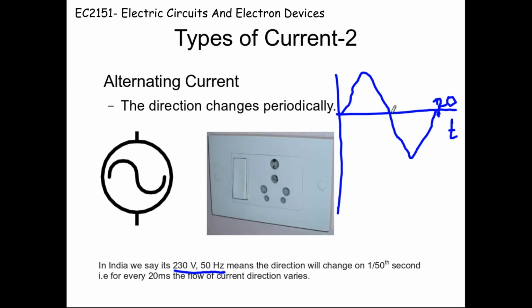So for 10 milliseconds we will have a positive cycle, and for the next 10 milliseconds we will have a negative cycle. This positive duration will be 10 milliseconds, and the negative duration will be 10 milliseconds in India.